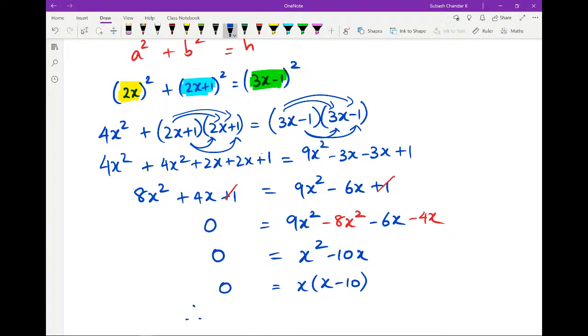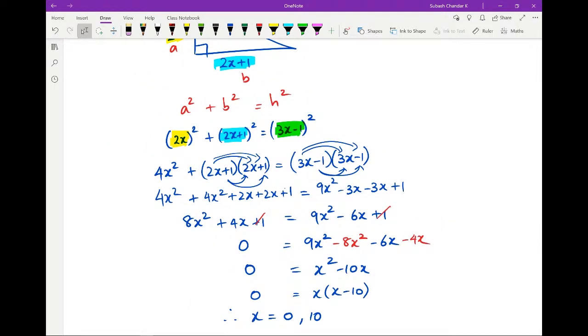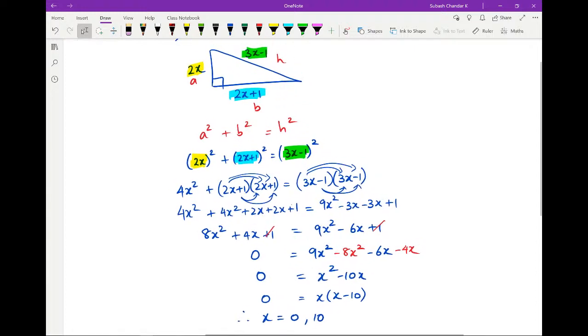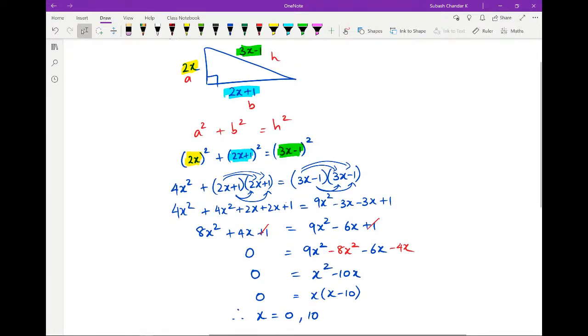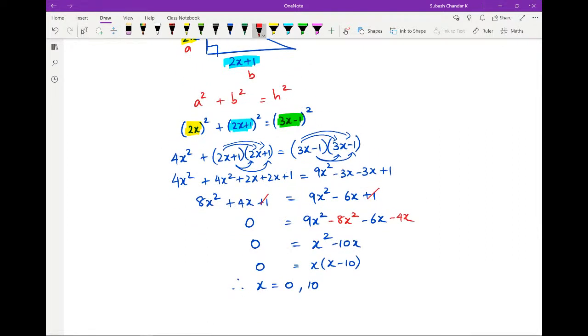So at this point, we can actually say x is equal to 0 or positive 10. I chose some really nice numbers to get started with. So we've figured out what x is, and then we have to ignore 0. The reason we have to ignore 0 is because remember that our hypotenuse is equal to 3x minus 1.